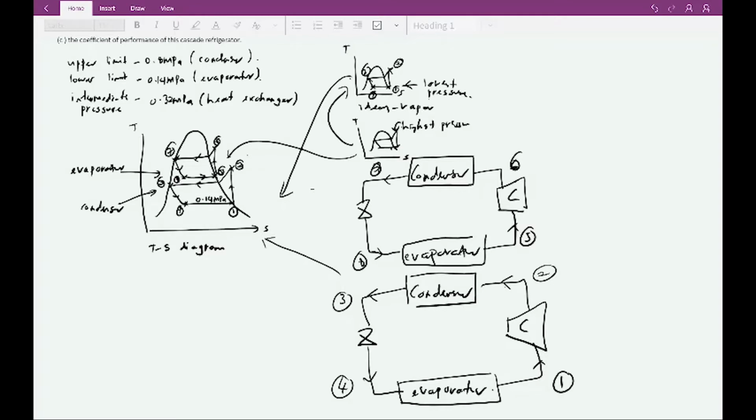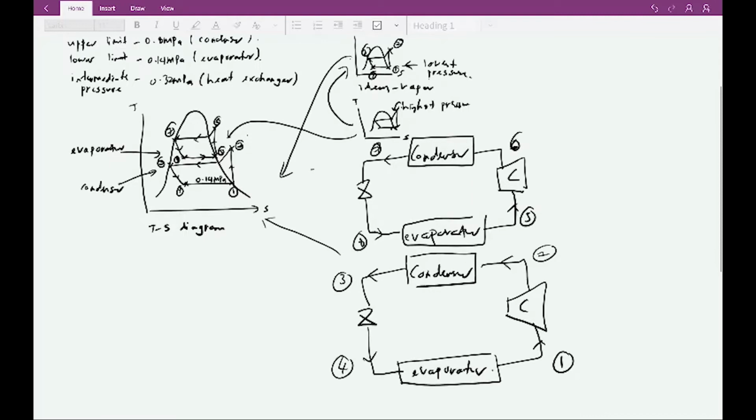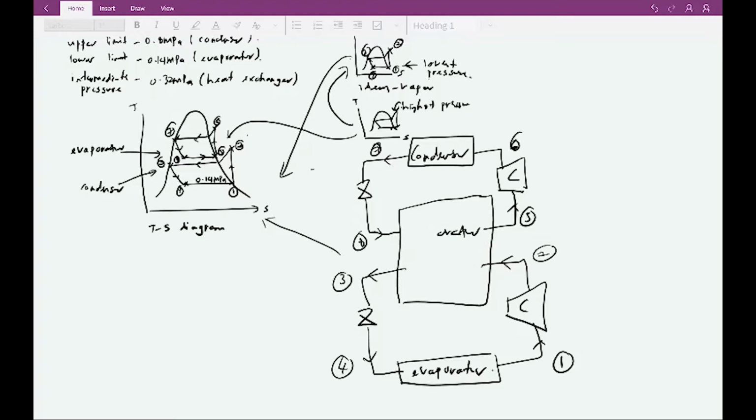So a question students always ask: where is the heat exchanger position? Basically the heat exchanger is the combination of the condenser in the lower cycle here and the evaporator from the upper cycle. So both components are built in one compartment. We put them in one compartment and it becomes a heat exchanger, a big heat exchanger.